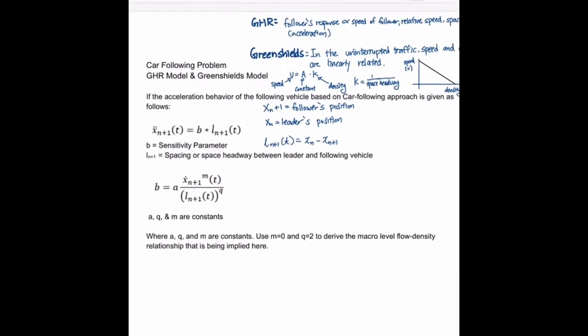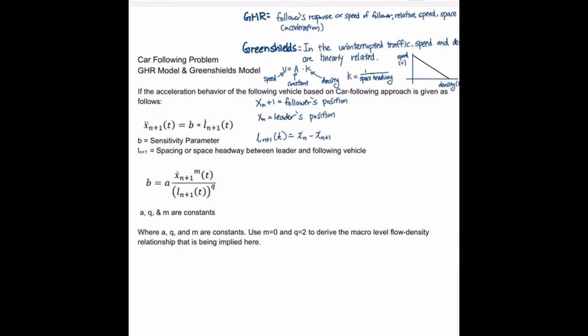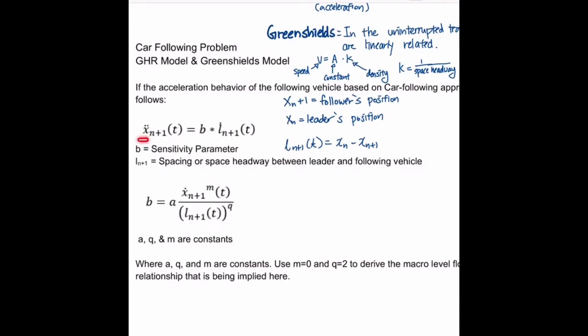So now I'm gonna solve the problem. First, this is the equation from the GHR model. This xn plus 1 is the follower's position, and xn is the leader's position. And the 2 dots here mean second derivative, and the second derivative of the position is acceleration, or the follower's reaction.